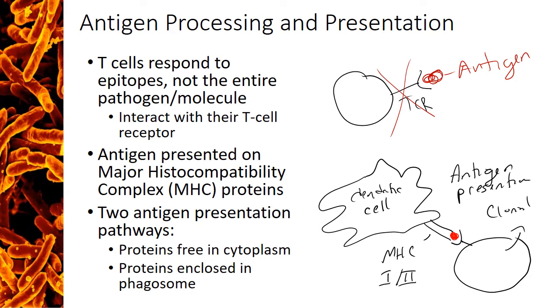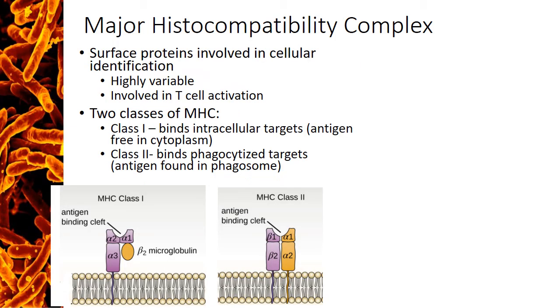There's two ways antigen presentation can happen. Either presenting proteins that were in the cytoplasm of the presenting cell, or presenting antigen that had been enclosed in a phagosome that had been taken in through phagocytosis. Those two pathways are the difference between our MHC1 and our MHC2 molecules.